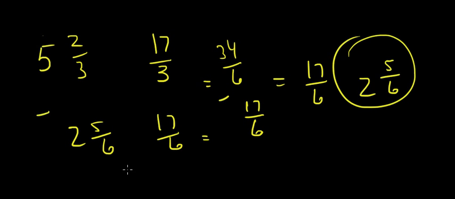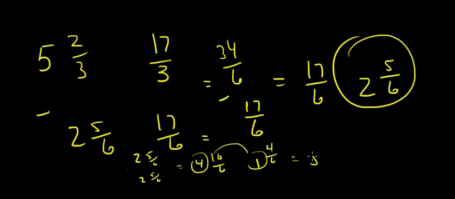Matter of fact, if we take 2 5/6 and we add to that 2 5/6, we end up with 4 10/6. Okay, and 10/6 is 1 4/6. So we already have the 4. We have the 4 plus the 1 equals 5.